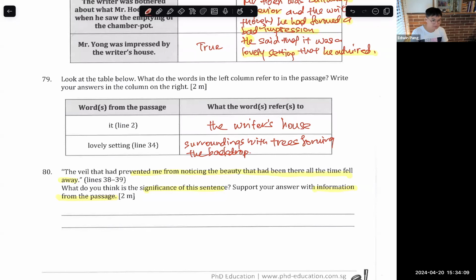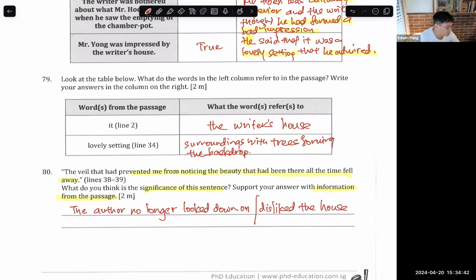Okay, so what is the veil? Okay, the veil is the prejudice, the bias that the author had against the house. Okay, so the author no longer looked down on or disliked the house, right?